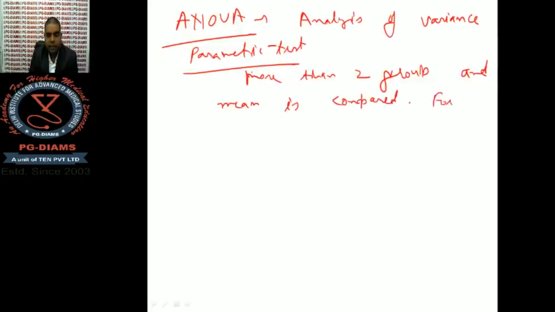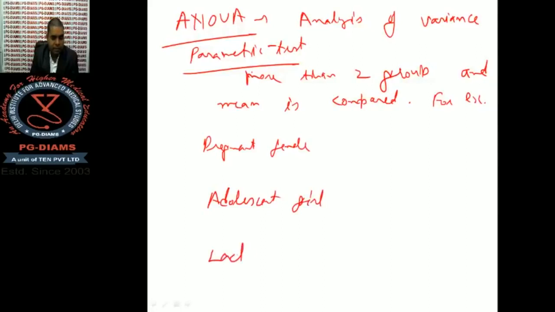What example will we take for this? In the same example, take three groups: one group as pregnant female, other as adolescent girl, and the third one as lactating female. Three groups.